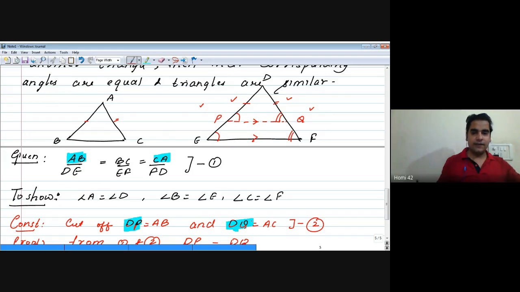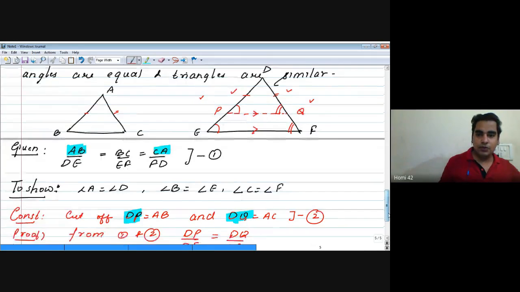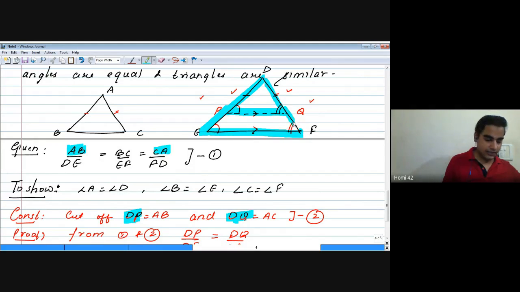Look, can we show that triangle DPQ is similar to triangle DEF? Triangle DPQ is similar to this bigger triangle by double A rule or triple A rule, you can say. We can show this.